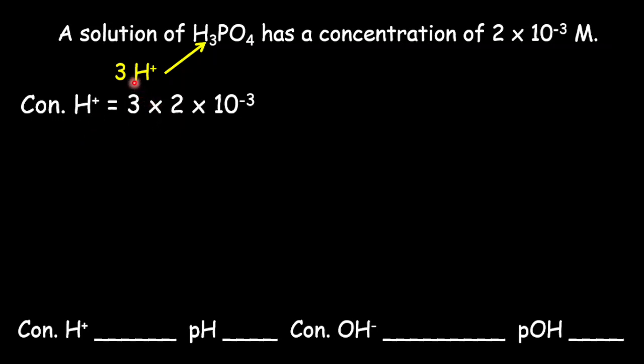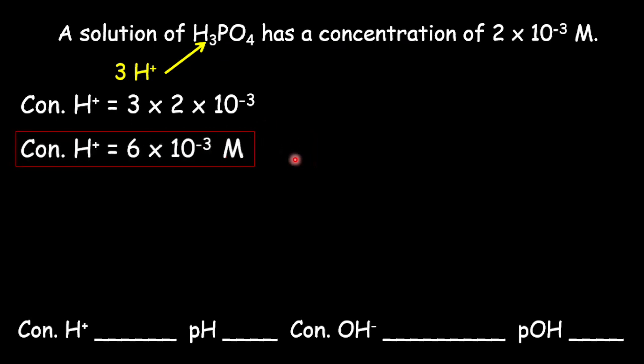That is why we indicate here that H3PO4 will dissociate 3 H plus ions, so it will be 3 multiplied by this concentration. Therefore the concentration of H plus ions will be 6 times 10 to the minus 3 molarity, and we can put this down for our answer.